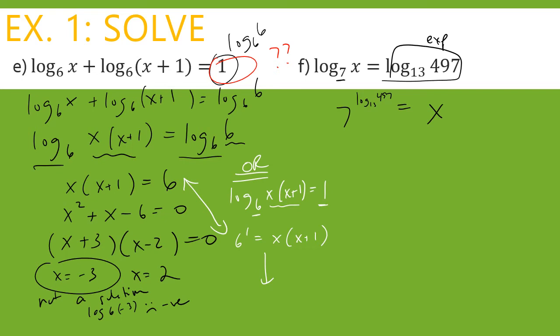Well, how do you do log in base 13? Your calculator can't do that. And if you do have a calculator that can do that, remember it's technically an illegal calculator and you still have to show me the work. Well, this is change of base then, right? So log of 497 divided by log of 13 is your entire exponent. So you enter that in just like that.